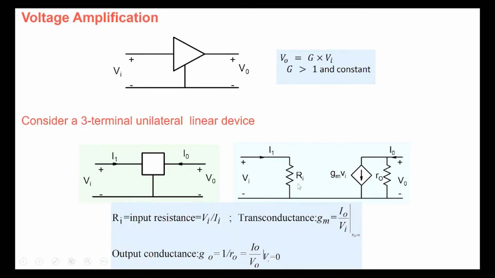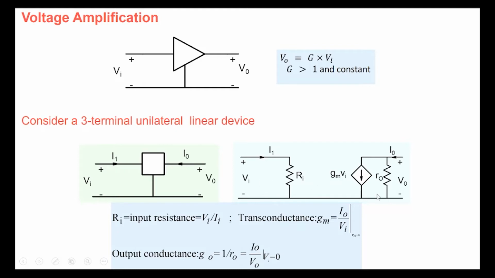And we can attach some terms with it. Ri, for example, we could call the input resistance, because if you look at this circuit, Ri is nothing but the ratio of Vi by Ii, the voltage applied here and whatever current is entering. Because this is the input side, the ratio is of course Ri. So we call it the input resistance.